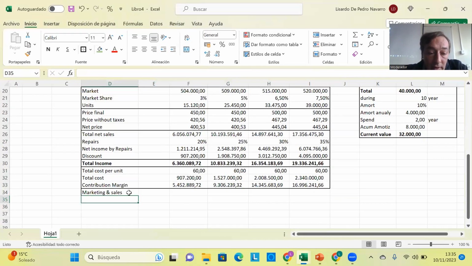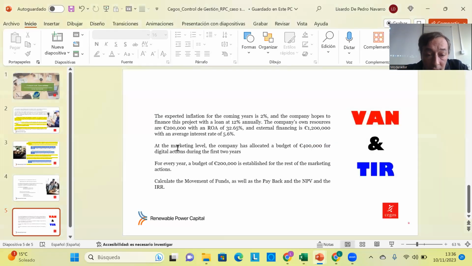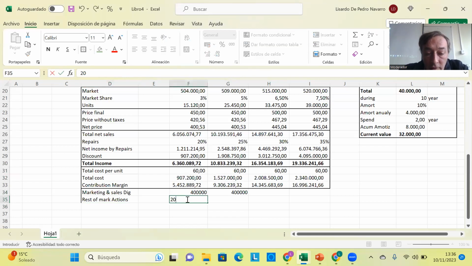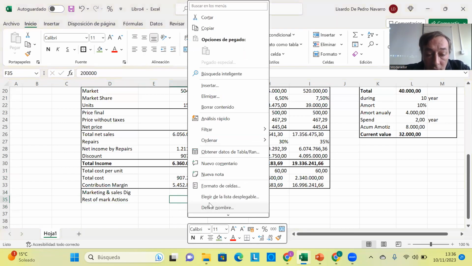So here we have marketing, sales, digital, and for the first 2 years 400,000 euros, and for every year a budget of 200,000 established for the rest of marketing action, so it is 400,000 for all the years.